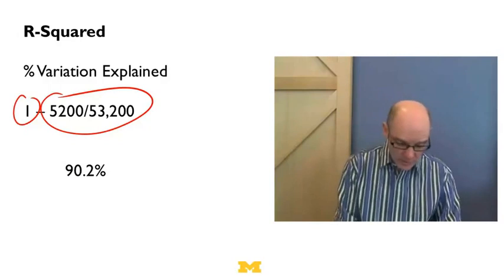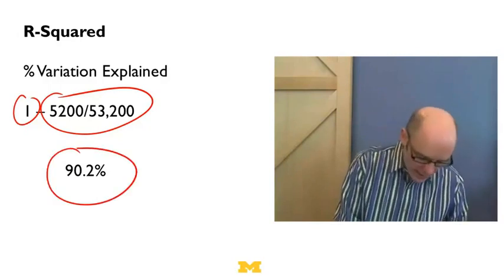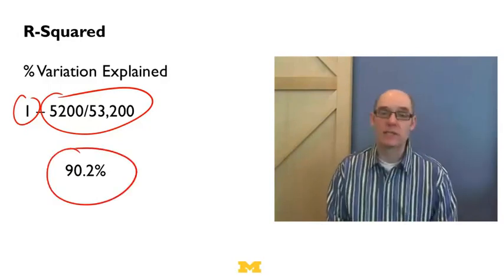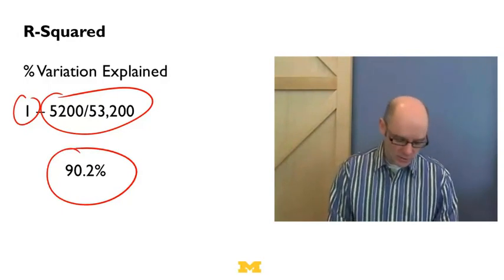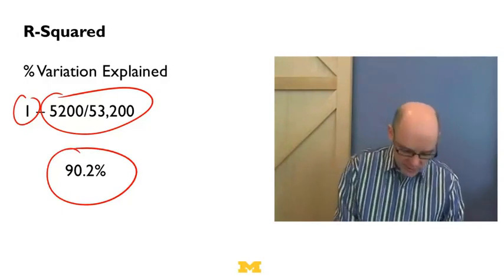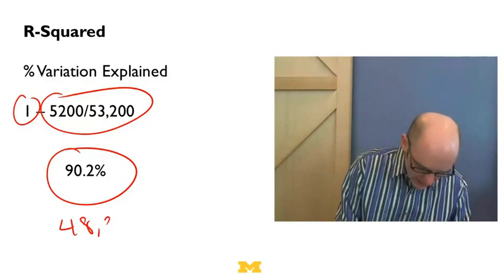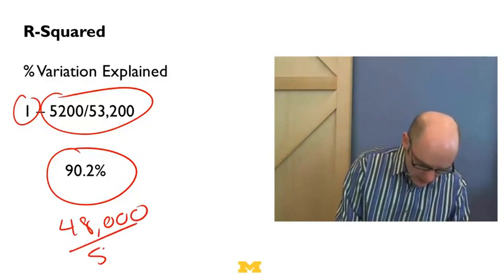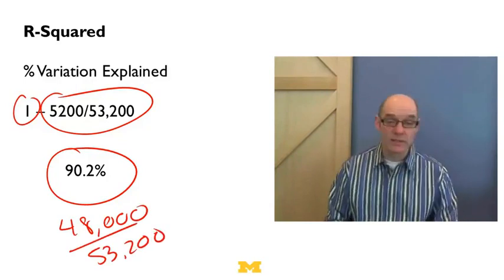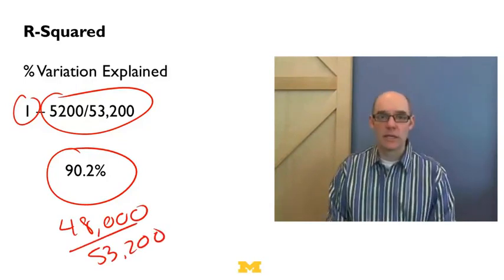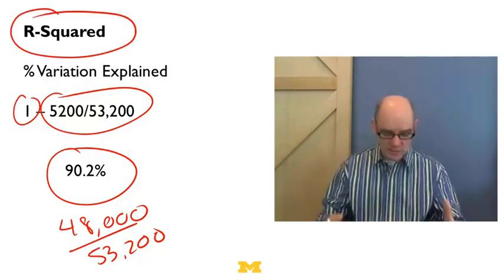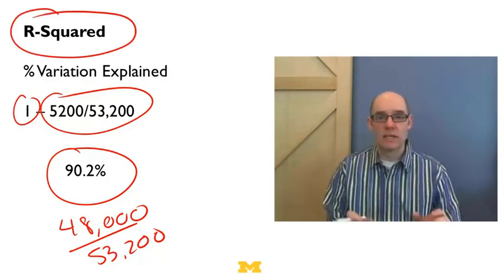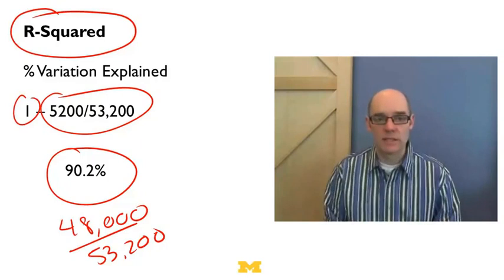Because that's just a simple way to do it. And so I'm going to get that the amount of the variation I explained was 90.2%. So that's how much of that variation I explained. This is equal to, again, that 48,000 divided by 53,200. It's the amount of variation that I explained. Now, formally, this is called the R squared. So this is the percentage of variation that I explained just by that simple categorization.